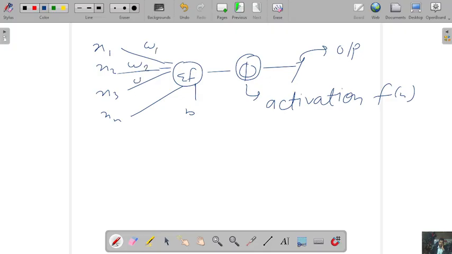W1, W2, W3 and Wn. Okay, so here summation of f equal to summation of xi wi. Okay, so it has very large value.